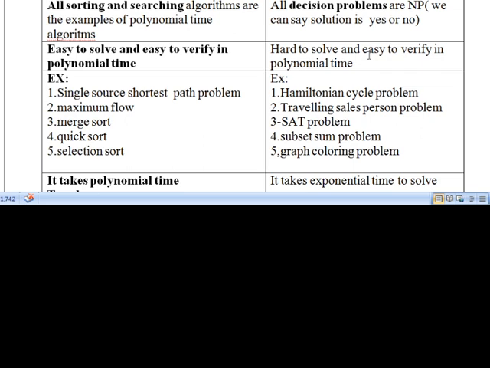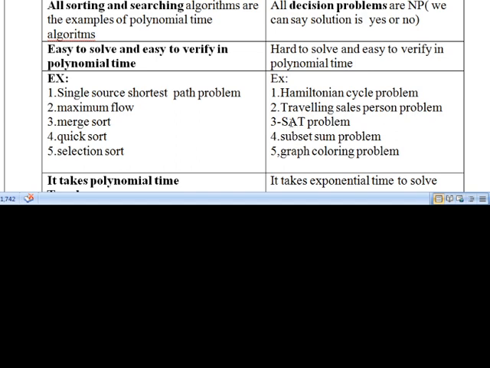Some of the example problems belonging to P type are single source shortest path problem, maximum flow in the graph, merge sort, heap sort, selection sort. Coming to examples for NP-type: Hamiltonian cycle problem, traveling salesperson problem, SAT problem.